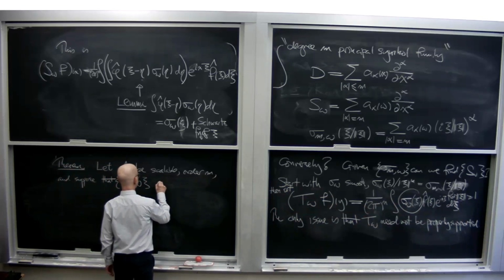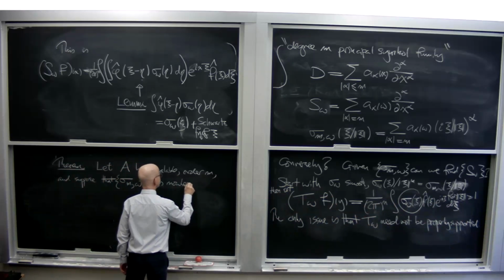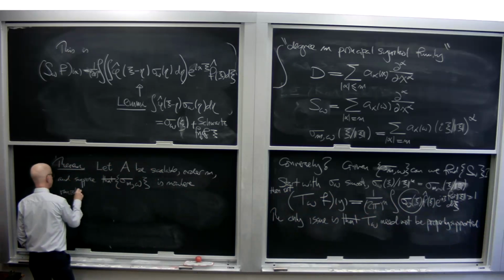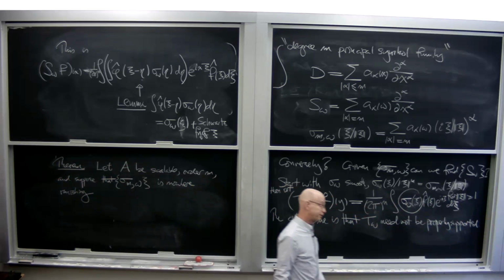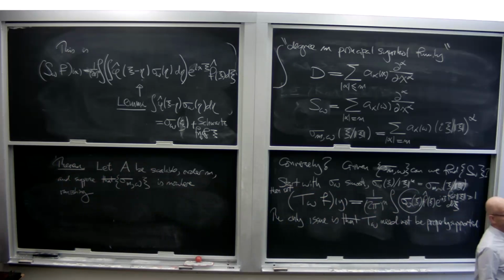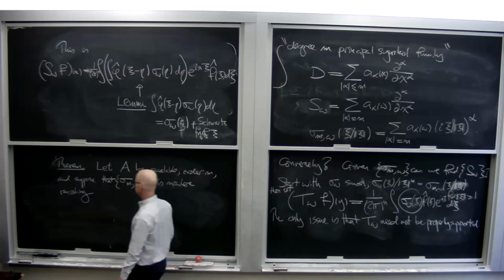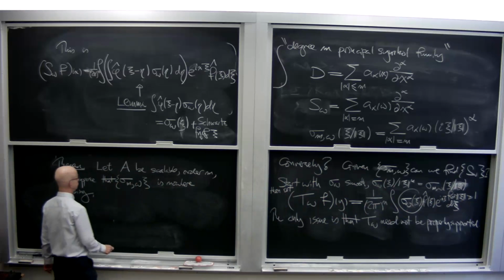And suppose that this guy here is nowhere vanishing. That is to say, for no omega and for no vector on the unit sphere, do you have sigma m omega onto that vector equal to 0. It's always everywhere invertible. Okay.